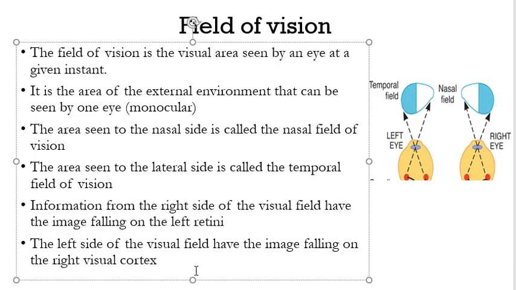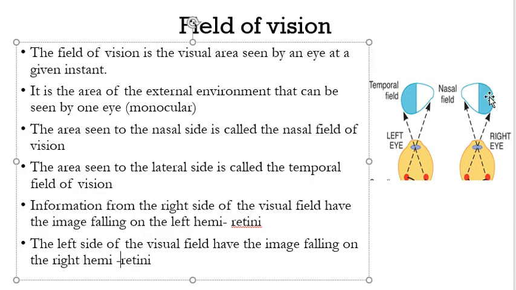let's just keep it at the retina. And because we're talking about half of the retina, let me call it hemiretina. So information that is coming from the right side, let's look at the right eye.